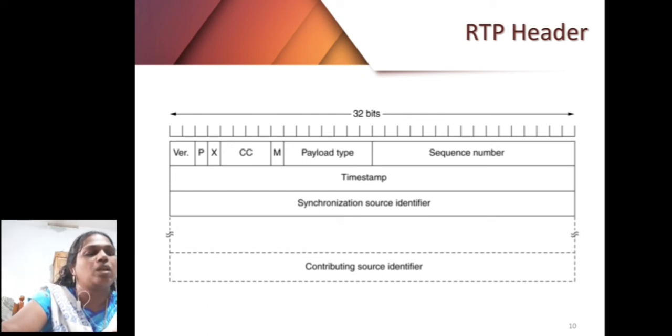And contributing source identifiers are used when mixers are present in the studio, and here it permits a maximum of 0 to 15 mixers, and each identifier can be of size 32 bits. So this is about the different fields present in the RTP header.